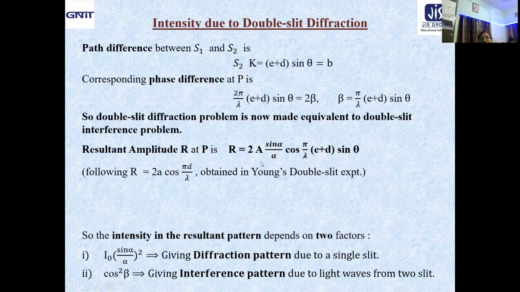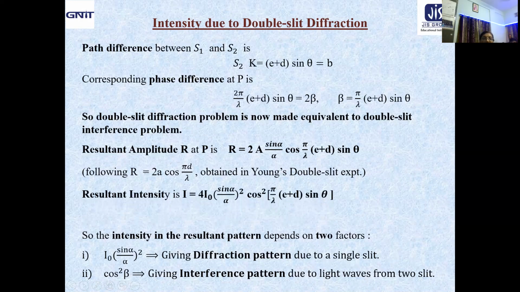Mind it, it is very important, and you have used the fact that Young's double slit interference result in case of double slit diffraction. You are considering the fact that because of interference of secondary wavelets, you got this final resultant amplitude, which is the speciality of the phenomenon of diffraction, isn't that?